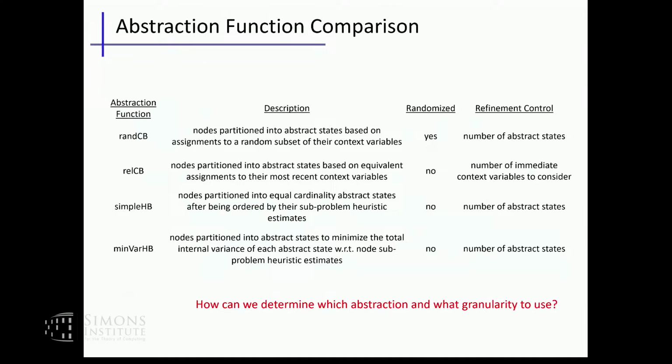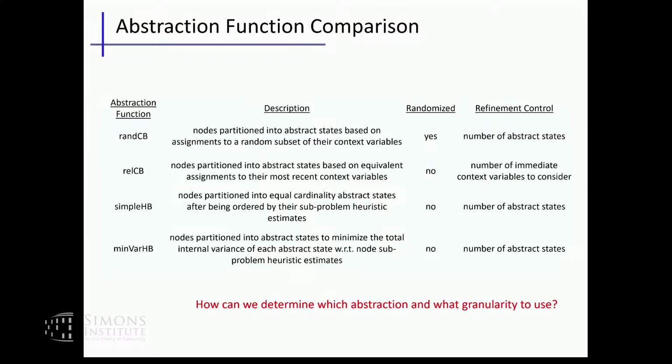So the main question, of course, is the abstraction function. What is it? And we developed two types of abstraction function. One is based on the context. We know that if the context is the same, the two subtrees are identical, and it will be exact to pool together all these states that have the same context into one abstract state.